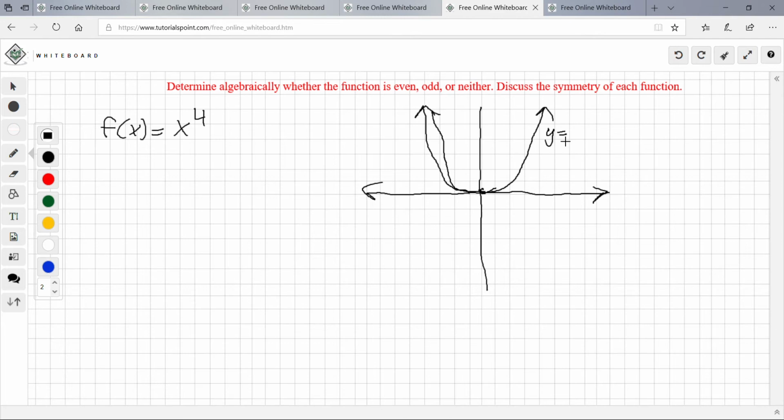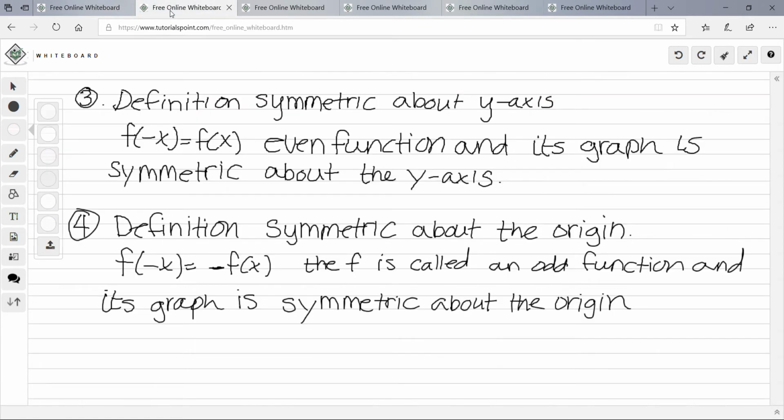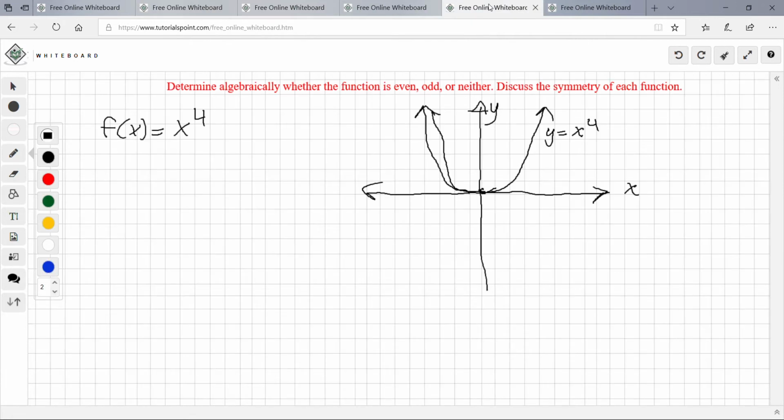Now, remember when we said it's symmetric on the y-axis. This is definitely an even function because when you plug in f of negative x, if you plug in a negative into the function, you still get positive x to the fourth, right? So that's how I know it's even.